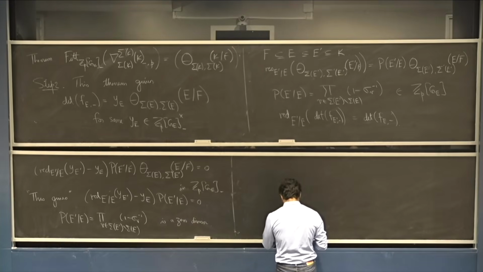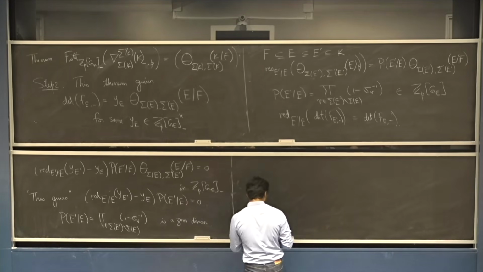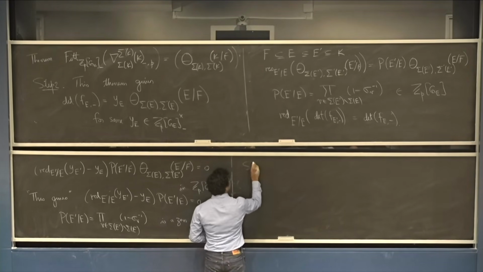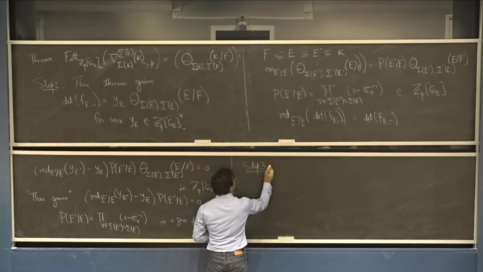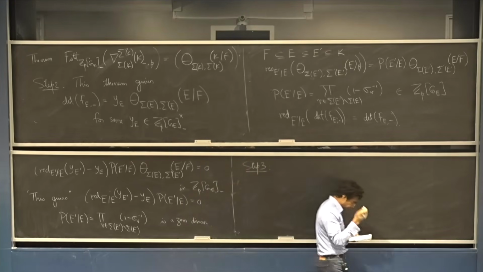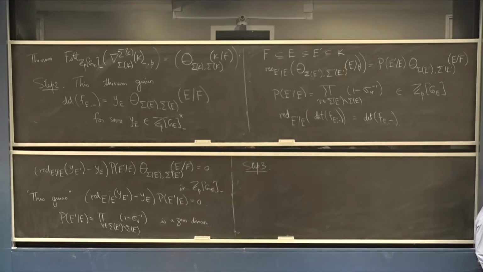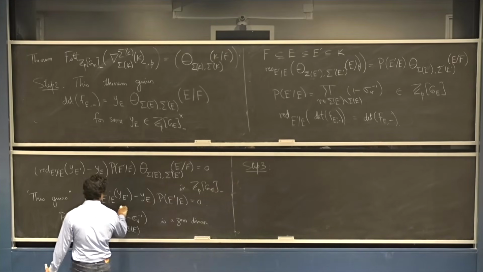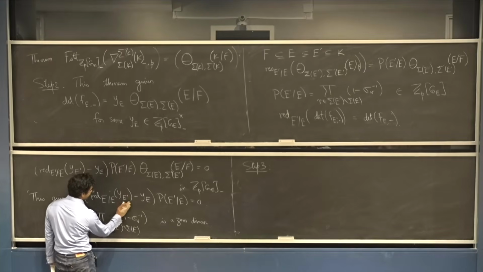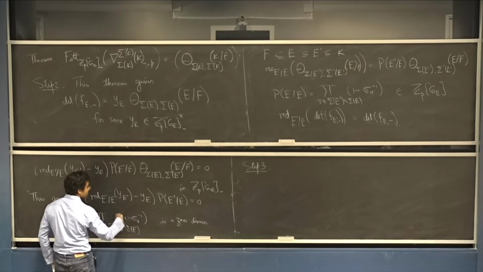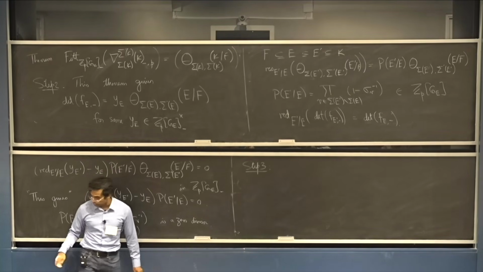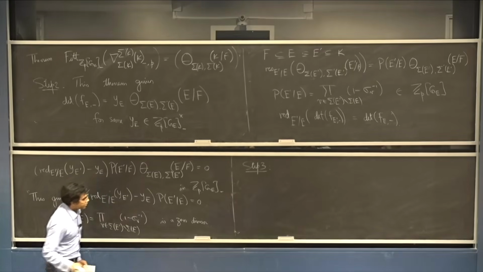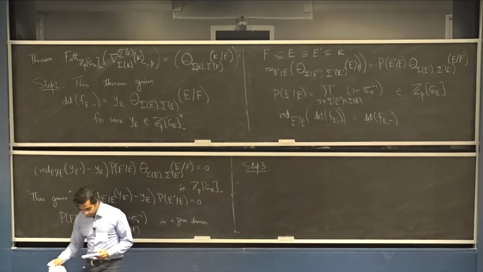Okay, so step 3 is the following. I'm going to make a definition first. A family like this will be called a norm-compatible family. This is a definition inspired by Euler systems, I guess.